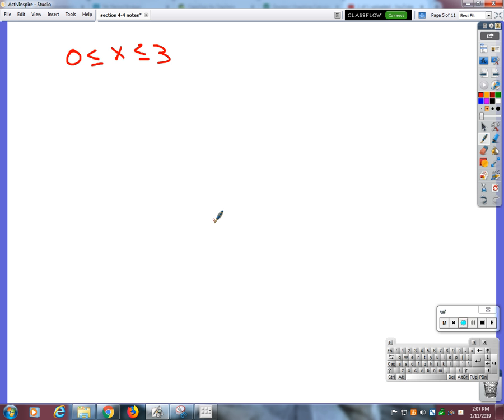Should be pretty easy. How do you do that using interval notation? Closed brackets on both. So this is 0, 3. Okay? All right, let me throw this at you.